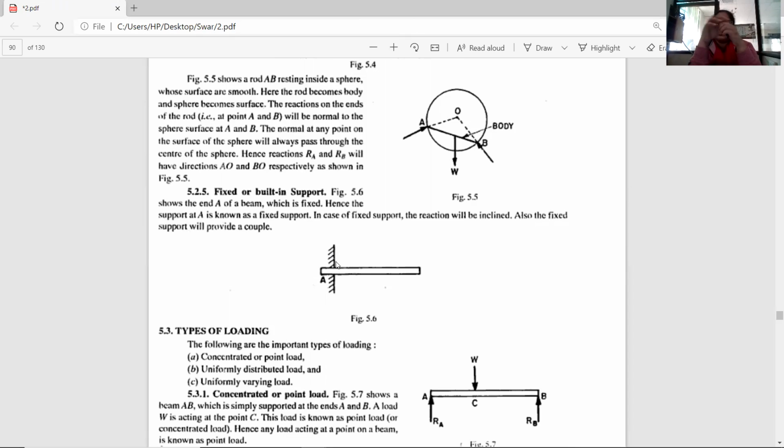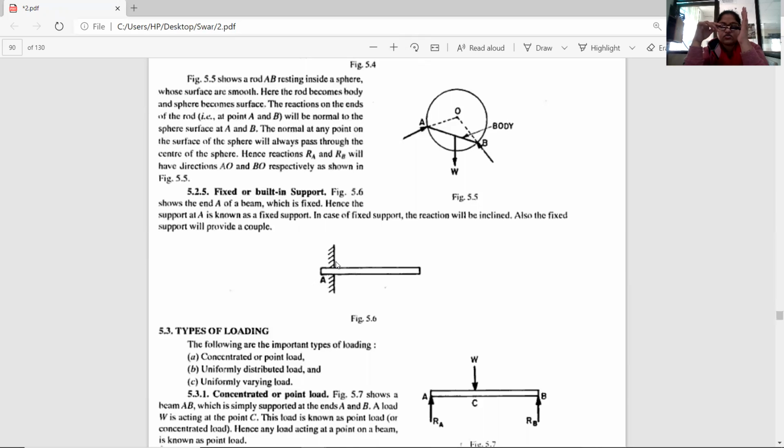So let's understand all this with a normal example. If I say fixed support, that means I fix this rod to this wall like this. One end is fixed on this wall and my other end is free to move.